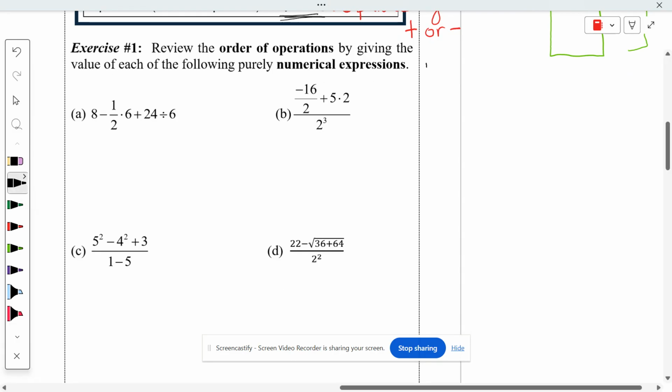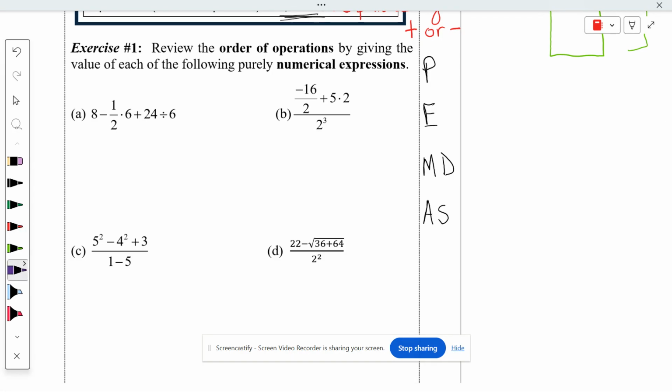I'm going to write it off to the side. P, you might have learned it as PEMDAS, right? Kind of write it like this. We know that the P represents parentheses. The E stands for exponents.